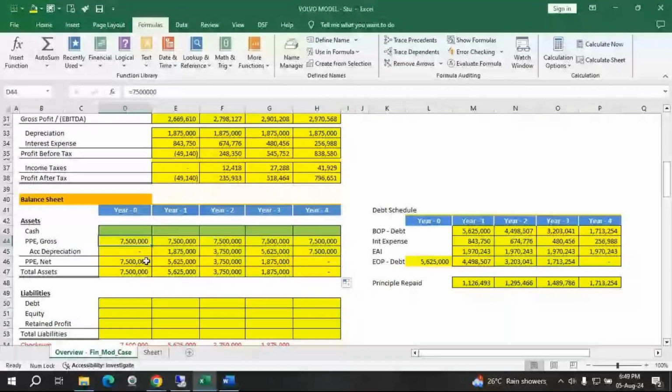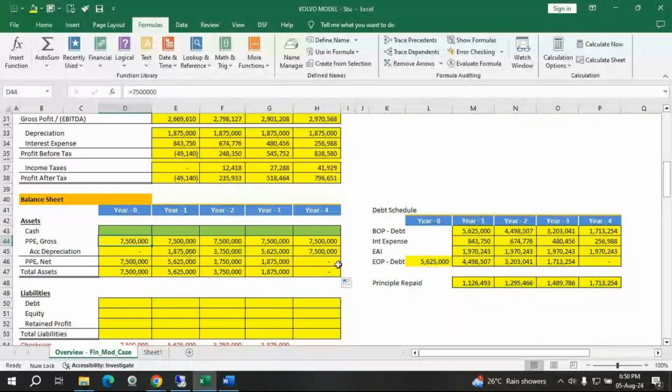See here. 75 lakh, if I reduce the depreciation, this is my PPE net. For the second year, when I subtract the accumulated depreciation, I get this PPE net. Year on year, after the useful 4 years, the value of the bus becomes zero.